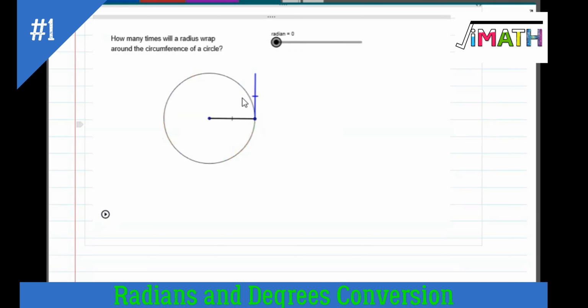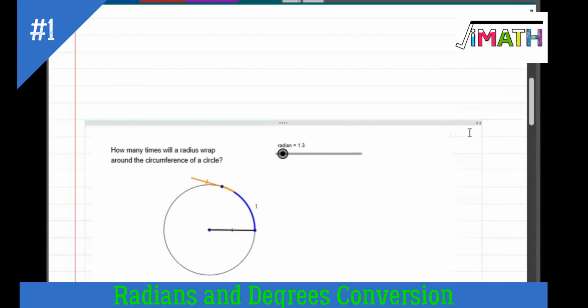The definition says, if we make an arc length here that equals the radius, this blue line and this black line, they are equal in length, then the angle subtended at the center, when the arc length, that's the part of the circumference, and the radius are equal in length, that we call the radian.